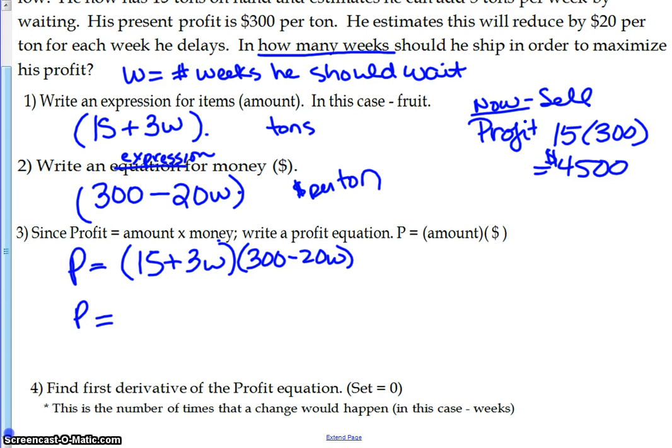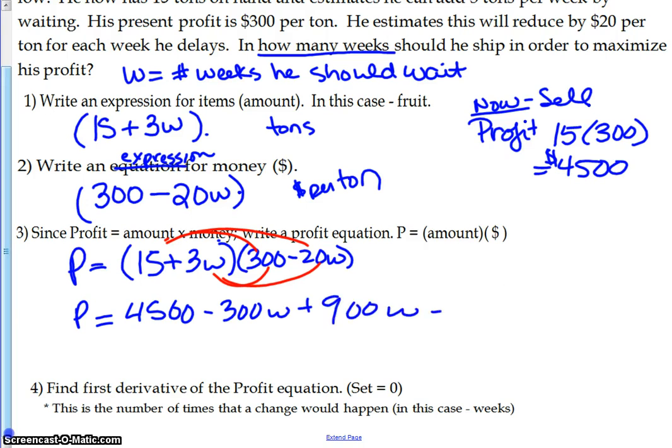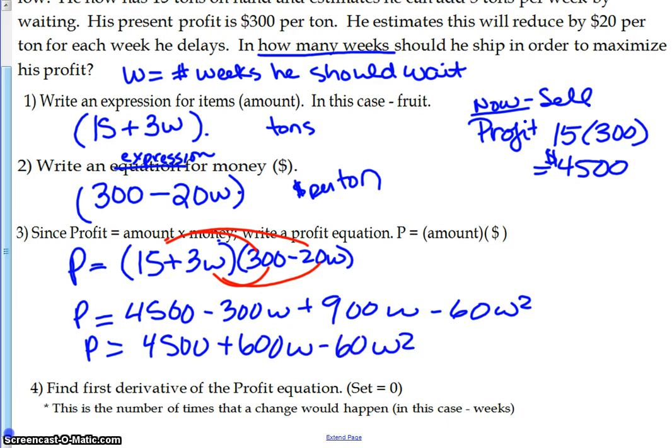A lot of people call this FOIL: multiply the first two values together, the outside values, the inside, and the last. When I did that, I got 4,500 minus 300W plus 900W minus 60W squared. Combining like terms, I got 4,500 plus 600W minus 60W squared.